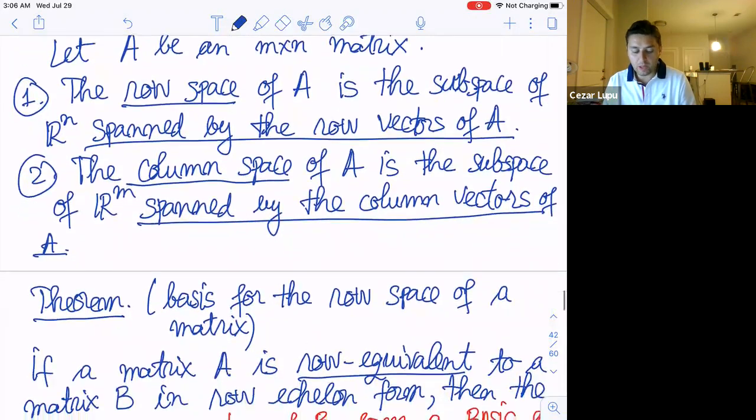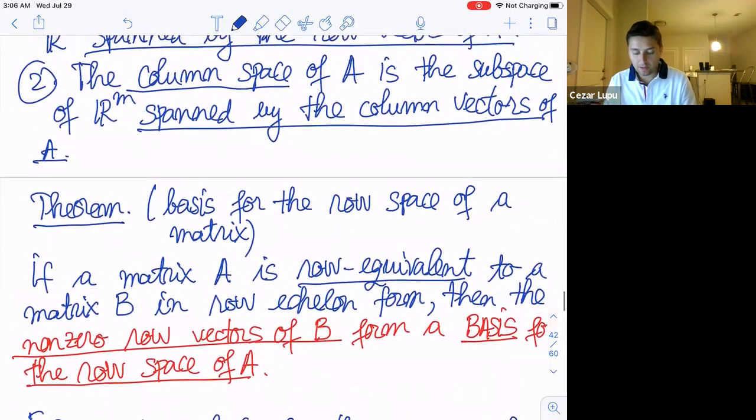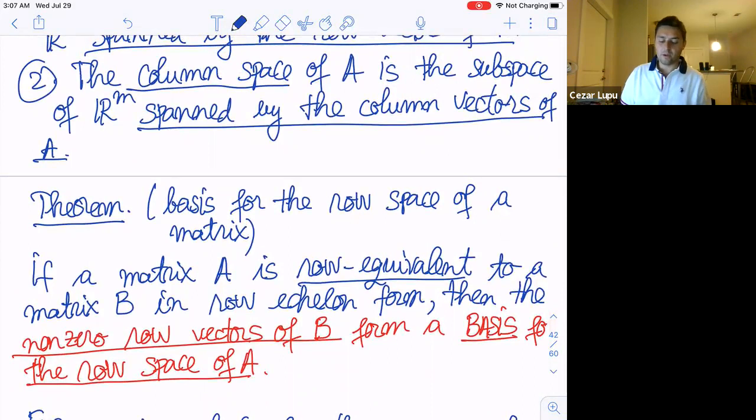And now we'll have the following theorem, which concerns the basis for a row space of a matrix, and which says the following: if a matrix A is row equivalent to a matrix B in row echelon form, after performing elementary row operations on the matrix A, we obtain a matrix B in row echelon form.